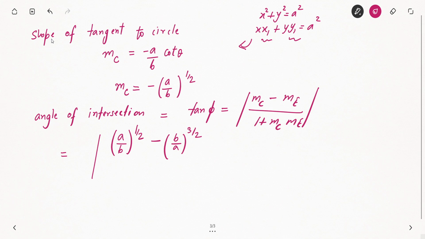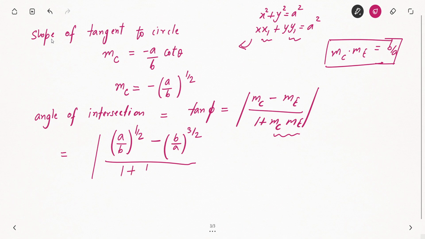And then if you multiply MC and ME, what you will get is b upon a. You can do this in the rough work, because unnecessarily the video will get longer. These are some basic simplifications that you should be able to do.